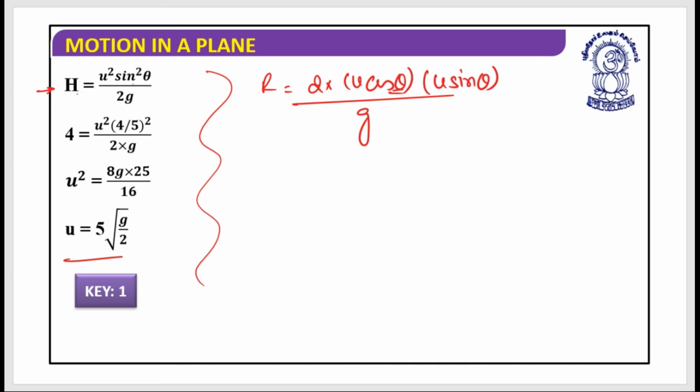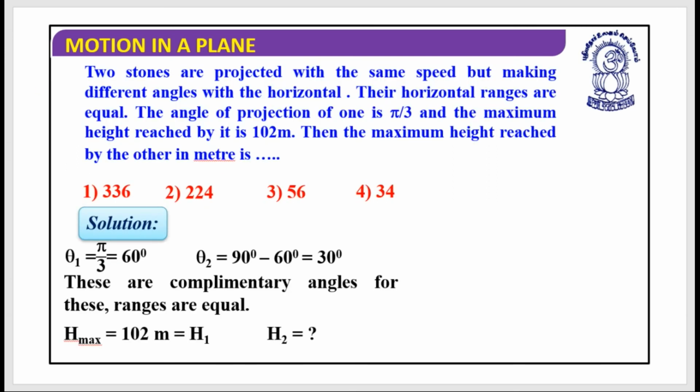Great. Ready for the next question? Let's have a look at what this question is saying. It says that two stones are projected with the same speed, but making different angles with the horizontal. Their horizontal ranges are equal. So the first angle is theta, and the other should be 90 minus theta.